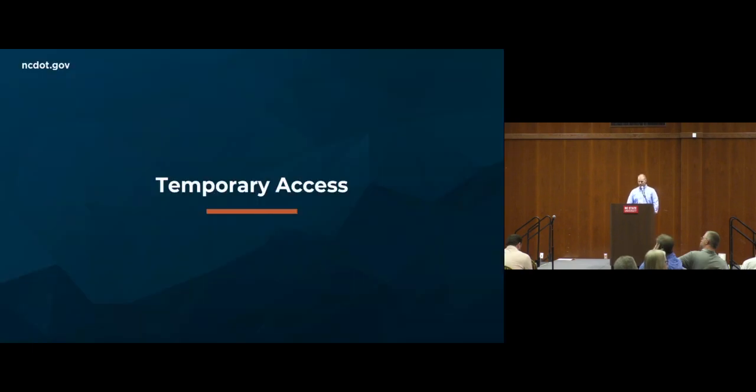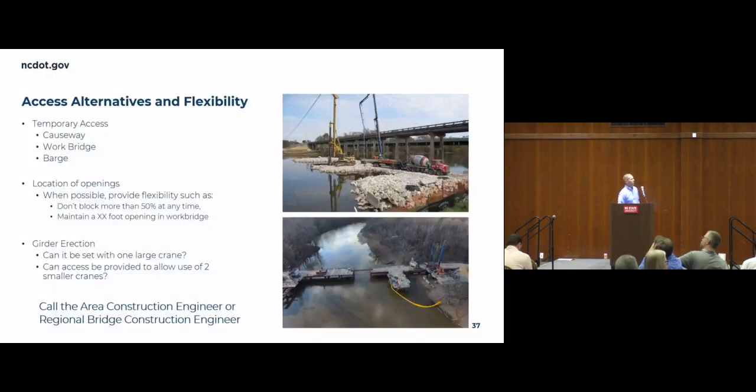All right, temporary access. The area construction engineers and regional bridge construction engineers generally have as one of their duties helping with access, determining on a project how a contractor is likely going to access the site to set cranes, drill rigs, and so forth.